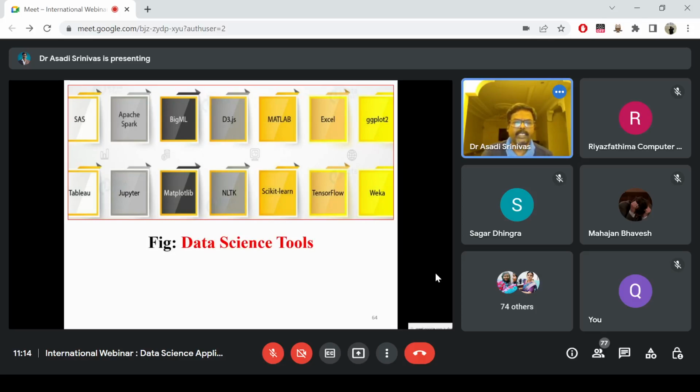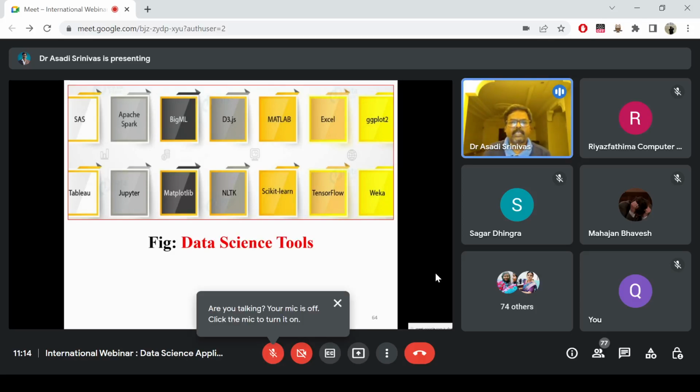research laboratory. So, Weka is a data analysis, data mining tool, TensorFlow is a framework, Scikit-learn is a Python library to solve AI and machine learning applications, NLTK, Natural Language Toolkit, is used to translate one language to another language. Matplotlib is a library to generate various graphs.